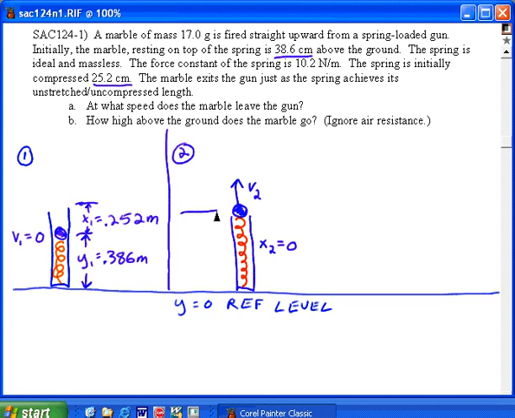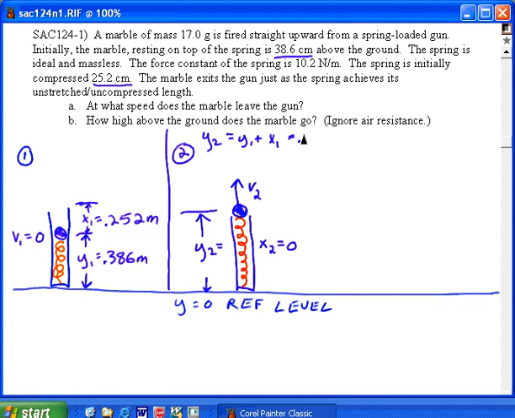But Y2 is not 0 at all. That'll be all the way from here on up. Let's see, what is Y2? Y2 is going to be the sum of these 2 distances: Y1 plus X1.